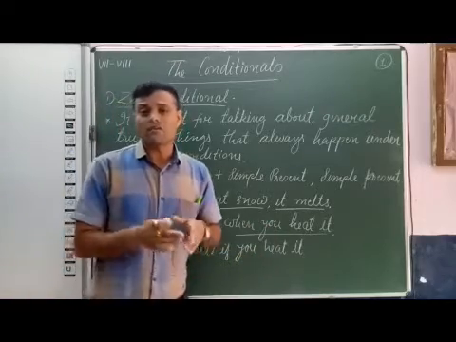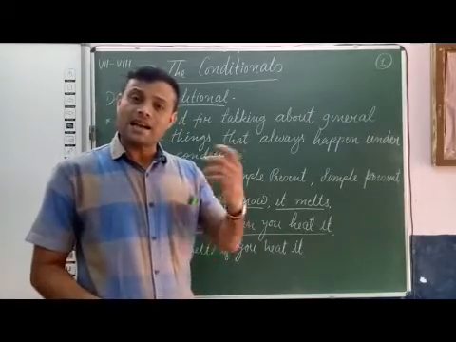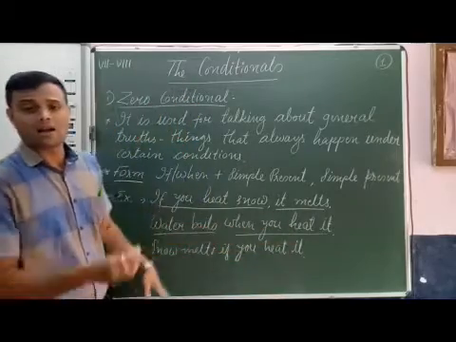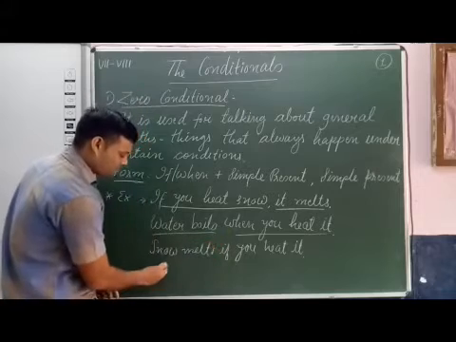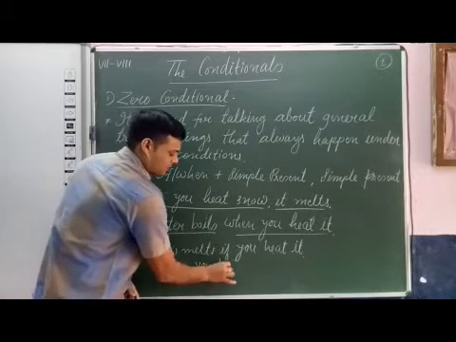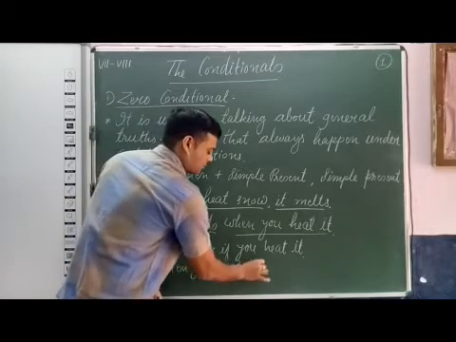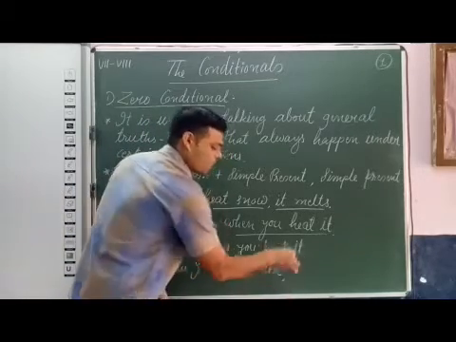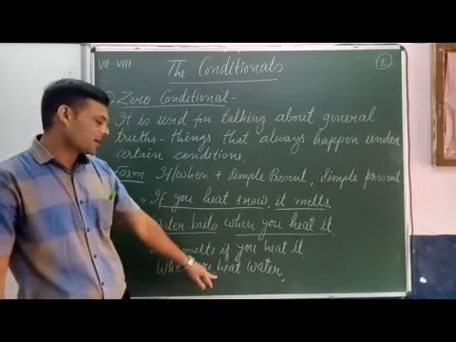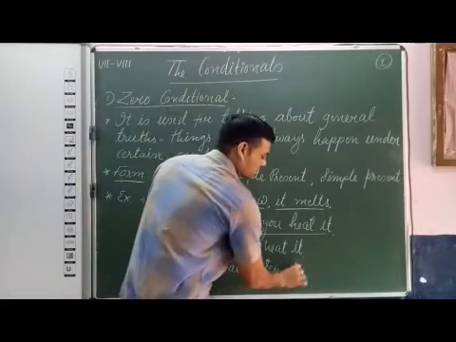But if the if or when clause is at the beginning, that time we have to use a comma after the clause. For example, see: when you heat water, comma, because we have used the when clause at the beginning. When you heat water, it boils.